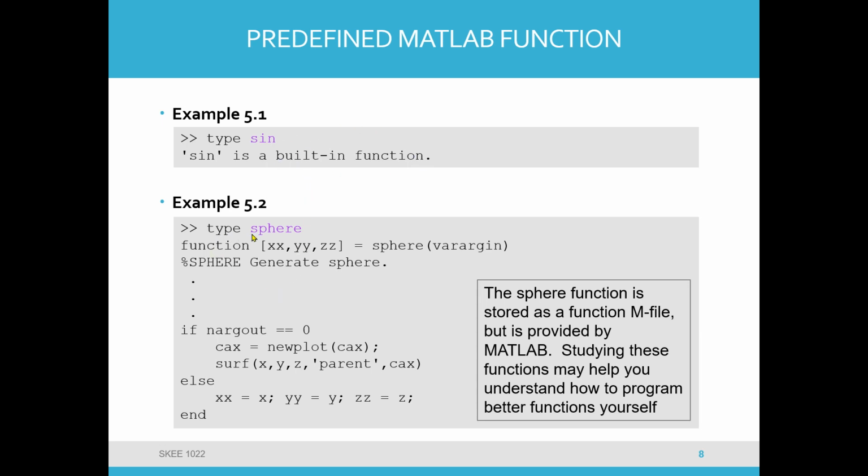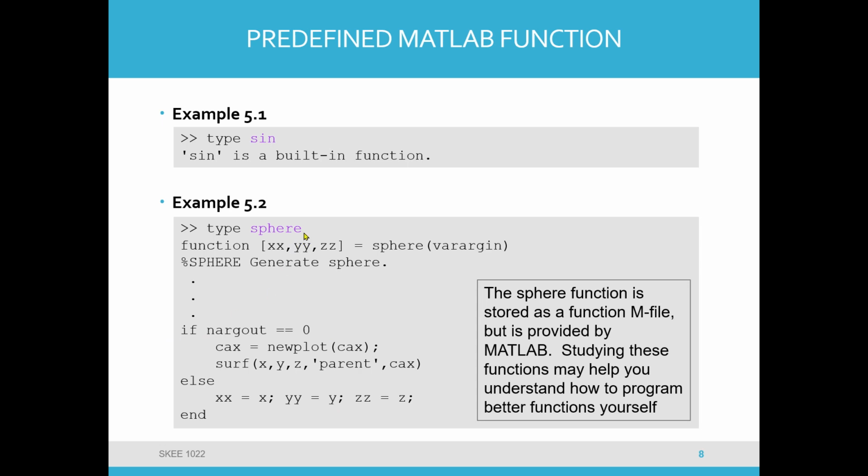How about sphere? If you type sphere, it will show you the parameters that you can use. You can see here function with outputs x, y, z. Remember, with a function you have the output here and then you have the input. So sphere generates this. This is the code.